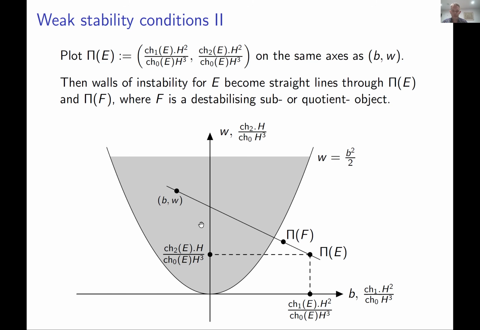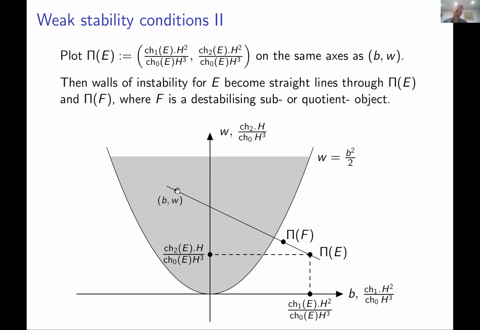And the picture is as follows. If you have some class, some charge C or some object, some bundle, sheaf or complex of sheaves E, and you have a stability condition, B and W, then you should draw the line between them. And if pi of E becomes unstable or semi-stable at this stability condition, B and W, then it'll actually be unstable all the way along this wall.